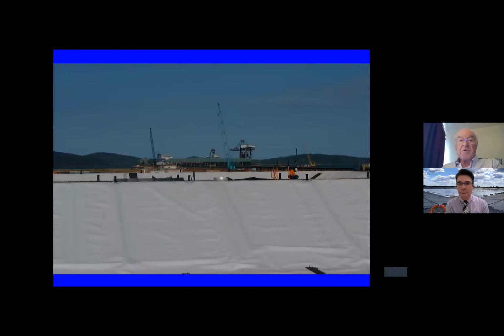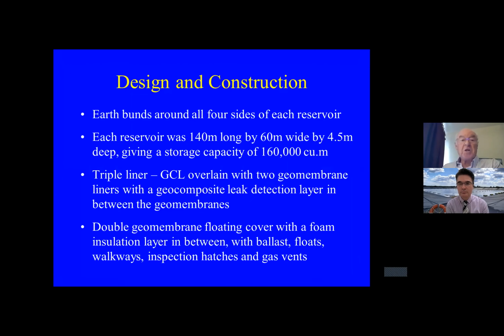The design of these particular reservoirs: earth bunds around all four sides. Each reservoir was 140 meters long, 60 meters wide, 4.5 meters deep, giving a storage capacity of 160,000 cubic meters. Now, on the base was a triple liner.